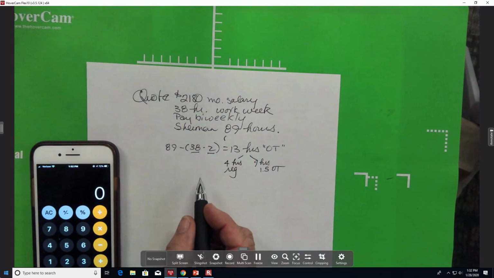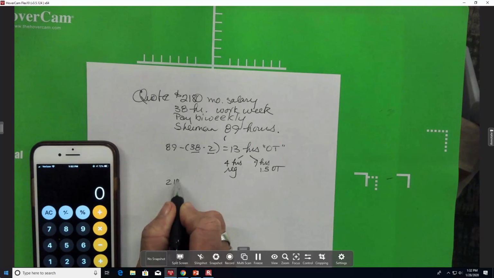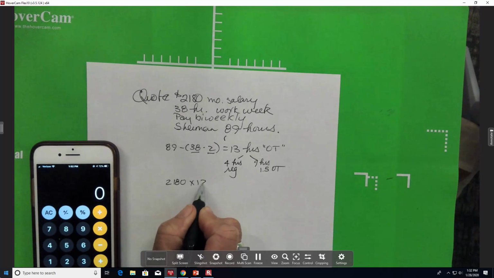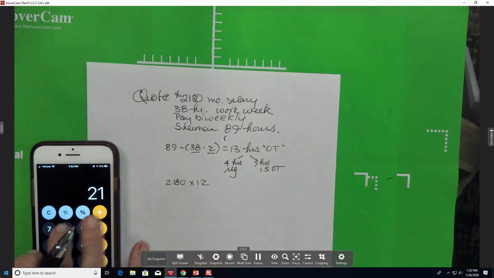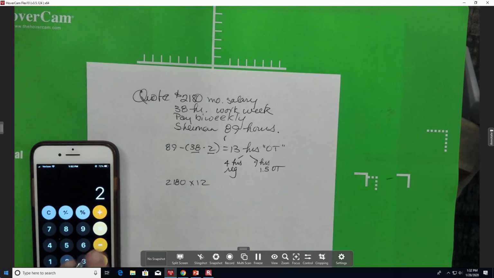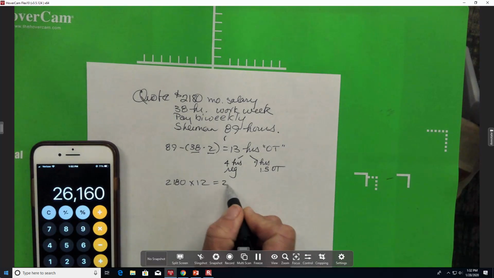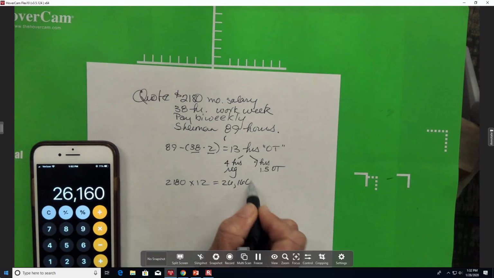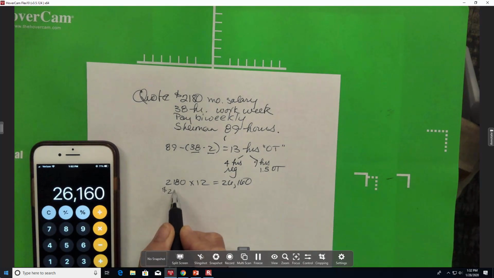Okay, so 2180 times 12, annualizing the salary. 26,160. What do I divide by to get her regular gross?